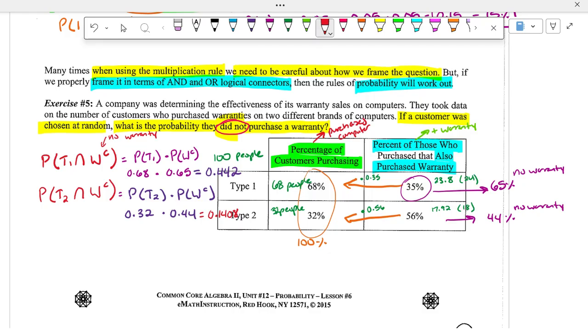Now, they want the total that they did not get a warranty. So that means that they either got the Type 1 and no warranty or the Type 2 and no warranty. So what do you think I got to do to add these two to do with these two warranties? So listen to how I said it. They want to know whether they got Type 1 and no warranty or Type 2 and no warranty.